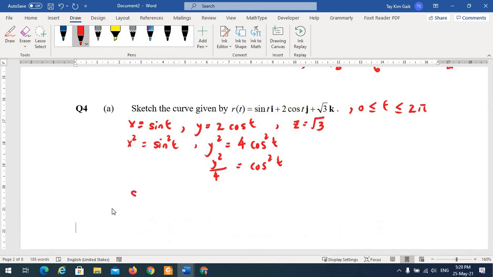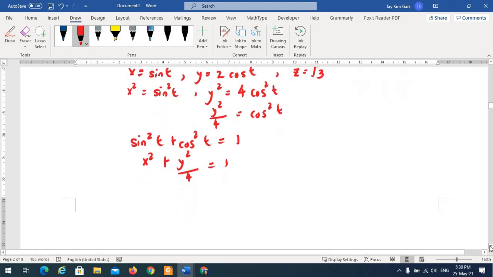We know that sin squared t plus cos squared t is 1. Sin squared t is actually x squared, and cos squared t is actually y squared over 4. So this is an ellipse because the coefficients for x squared and y squared are different. x squared you divide by 1, so the x-intercept is from negative 1 to positive 1.